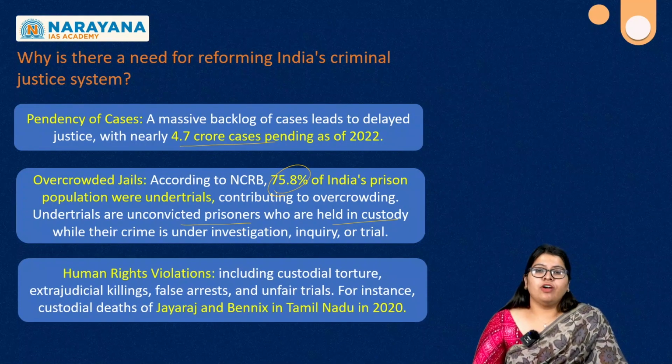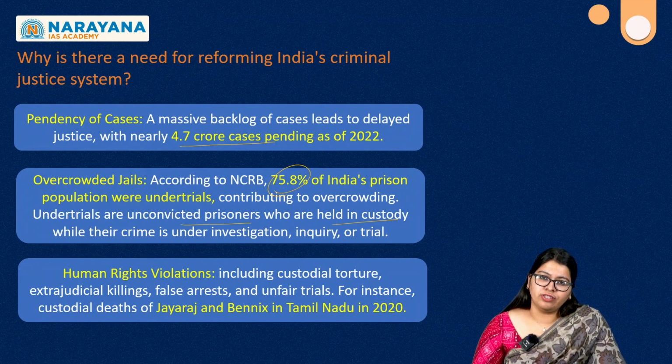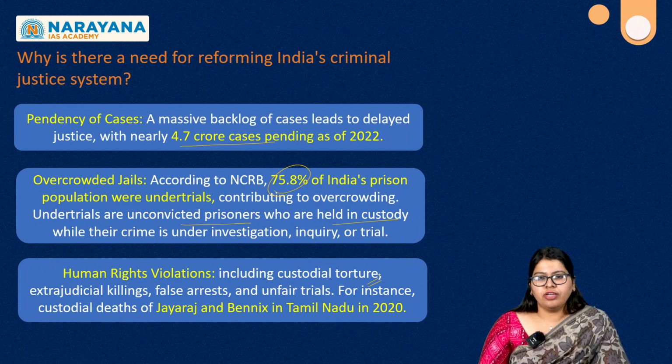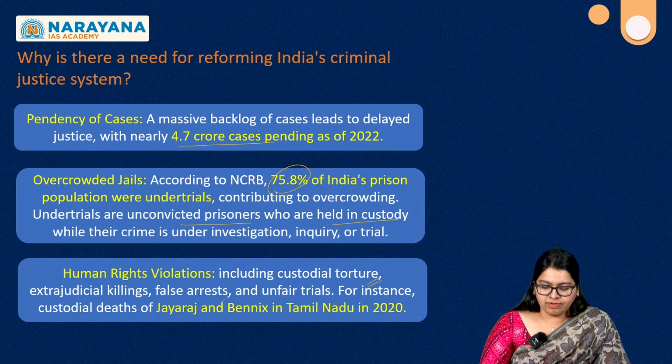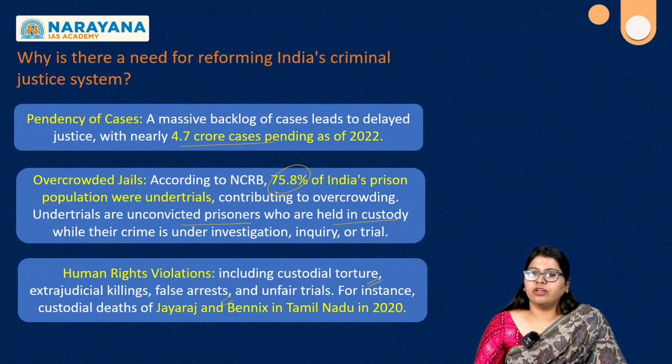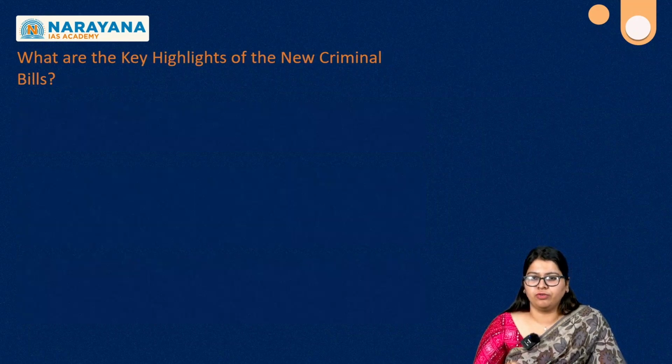Then we see there are a lot of cases of human rights violations that have been observed, where there are instances of custodial torture, extrajudicial killings, as well as false arrest and unfair trials. If you are aware, in 2010, there were the Benix and Jairaj case in the state of Tamil Nadu.